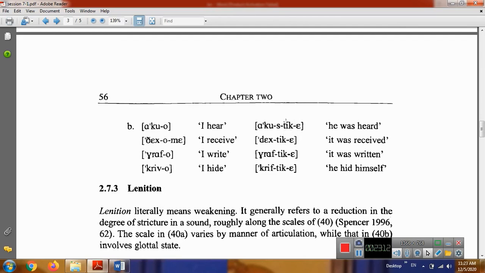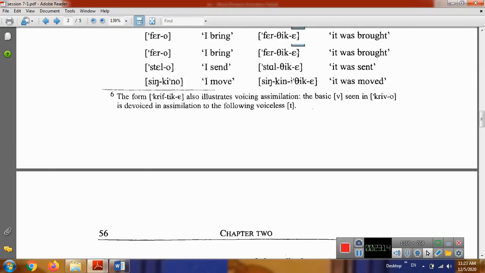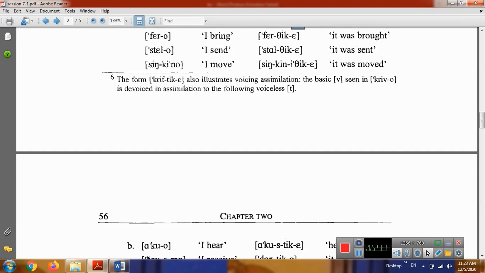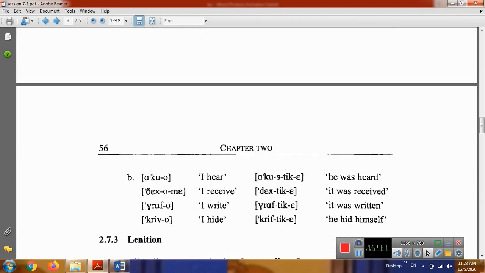Sometimes we have dissimilation. Why? Because this fricative, which is similar to s, th and f, had the same manner of articulation. They are all fricatives. And this fricative becomes t. It becomes a plosive sound, and they were different from each other.